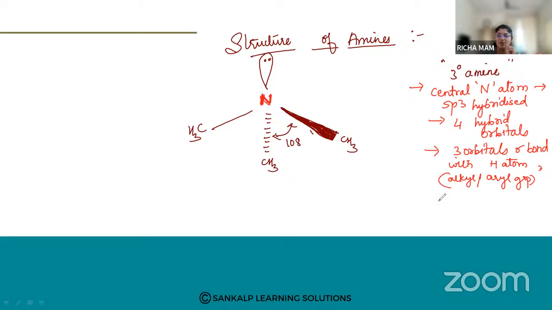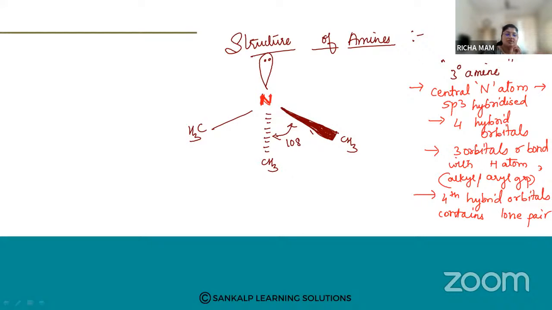And the fourth hybrid orbital contains a lone pair. Out of the 4 hybrid orbitals, 3 will combine with the hydrogen, and the fourth hybrid orbital contains a lone pair.